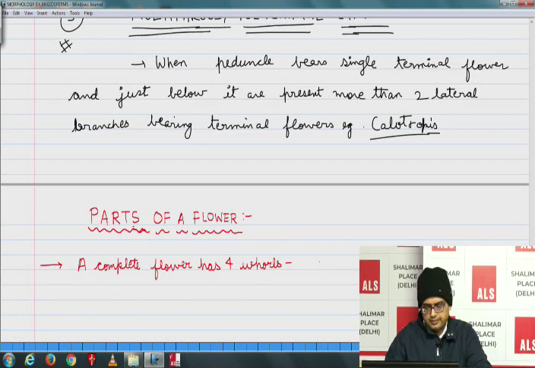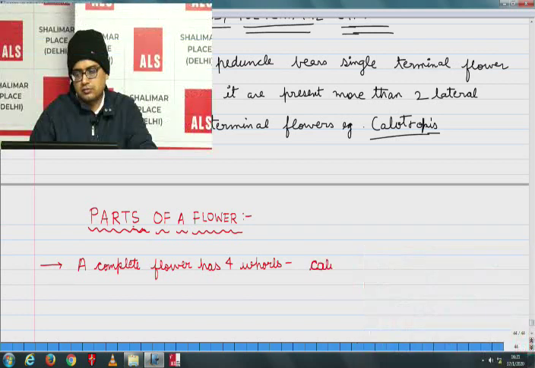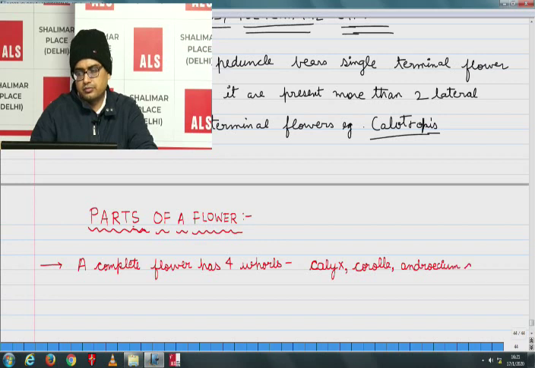These whorls are calyx, corolla, androecium, and gynoecium.